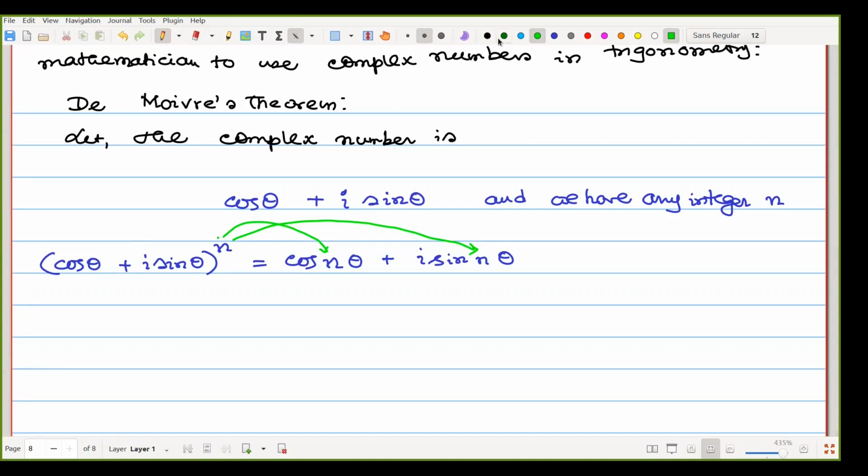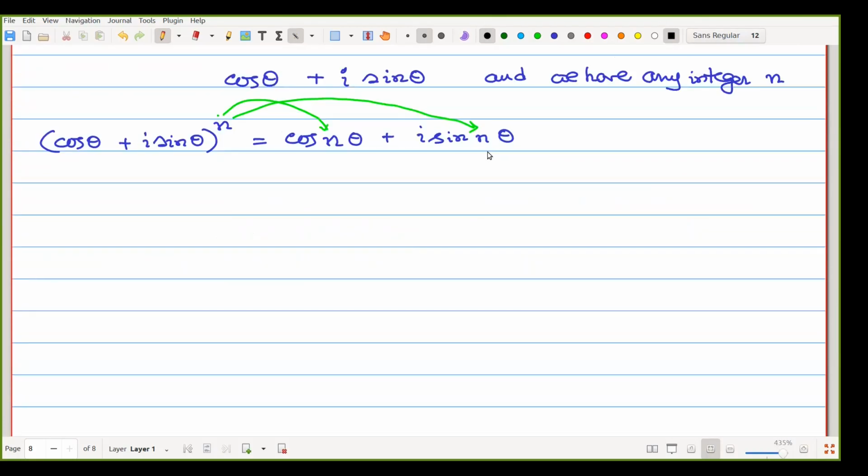So that is our De Moivre's theorem for the complex number. Now from that particular theorem, we can also derive some other formulas. Like the first one, if that one is plus, we are writing here cos theta minus i sin theta whole to the power n.